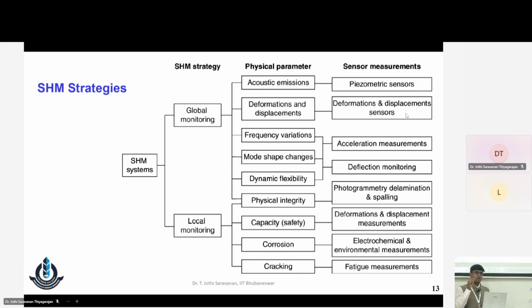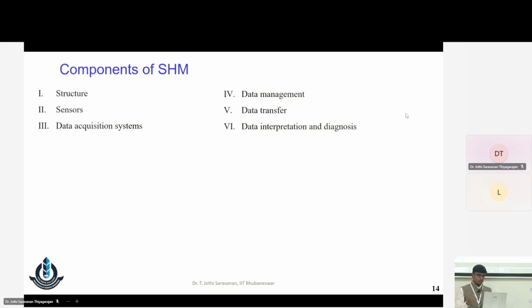It is always good to have local monitoring, understand the reason for it, try to rectify it and come out of it, okay. Of course, global monitoring, like simple dynamics and mode shapes, will help you understand the system, but if you want to really understand why that is happening, local monitoring is very, very important, okay. That is a very important step.